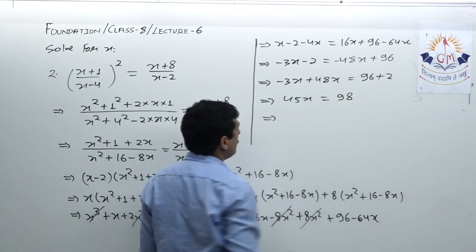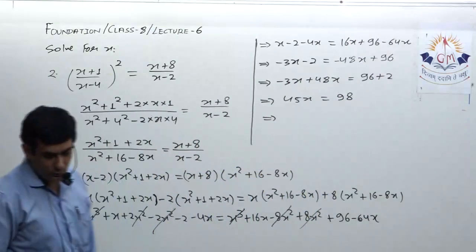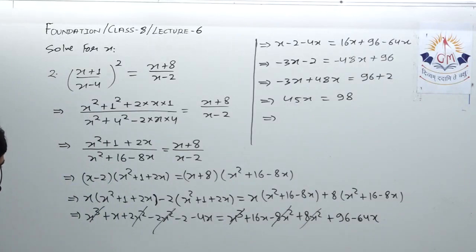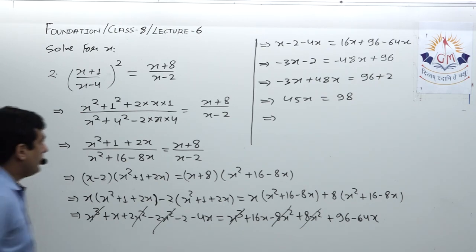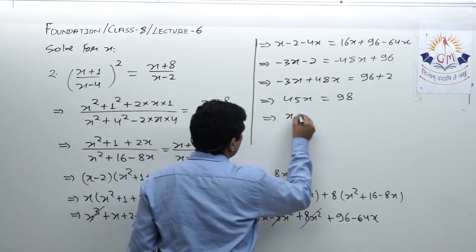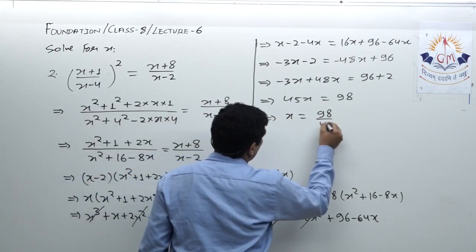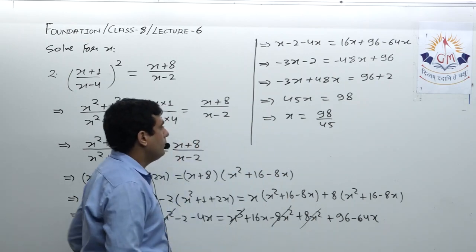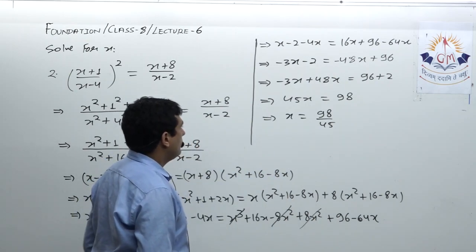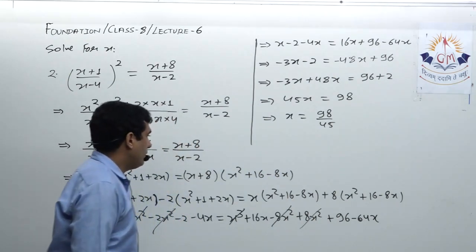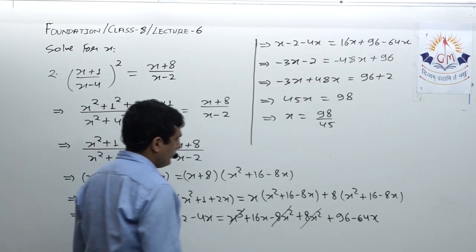So x is equal to 98 upon 45. Okay, so here x is equal to 98 upon 45. So is it possible to cancel out? No, it is not possible to cancel it.